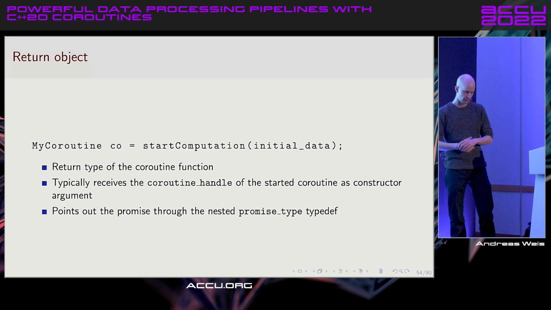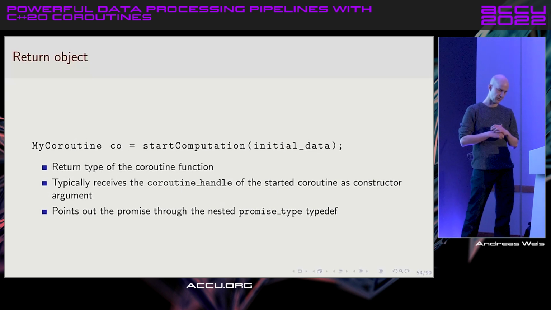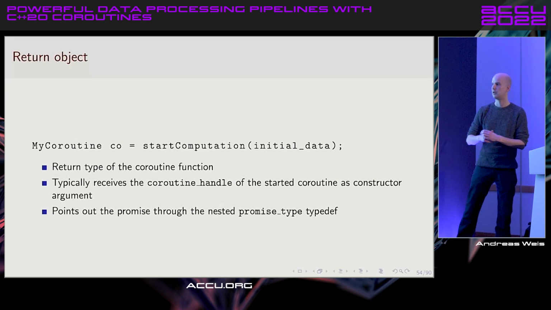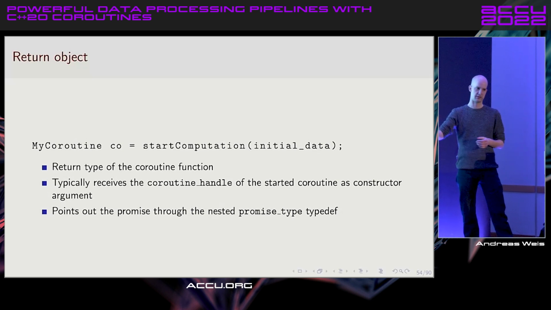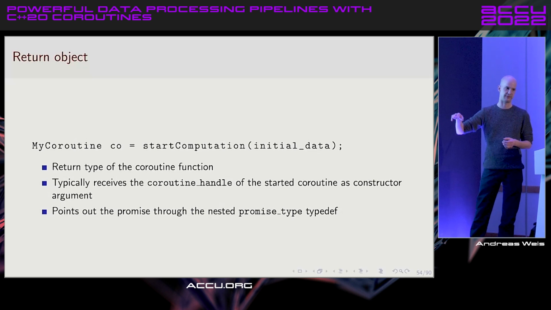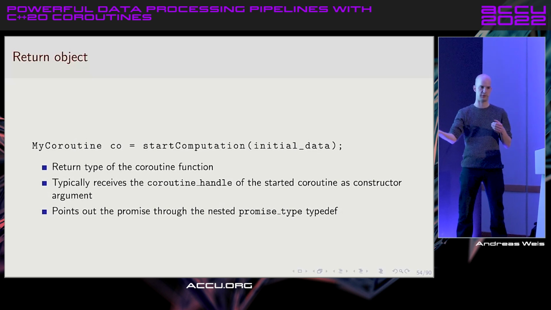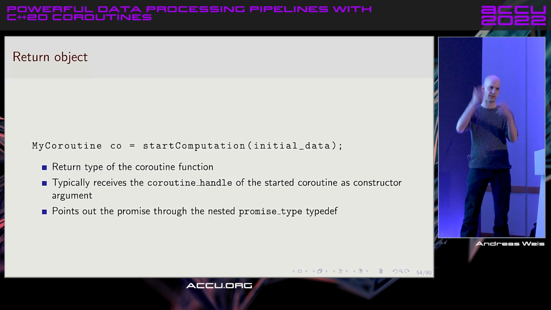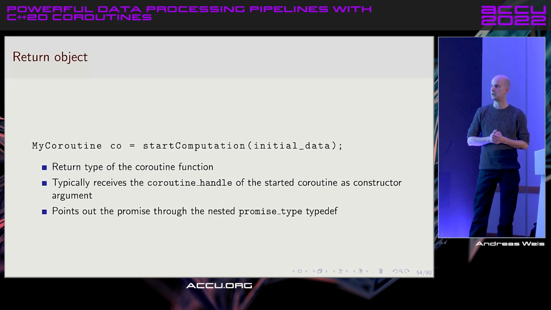The one important role that the coroutine object type has for the compiler is that it points out the promise through a nested promise_type typedef. So these three objects that we had before, the return object, the awaitable, and the promise, these are three distinct types, right? So I somehow have to link them together.